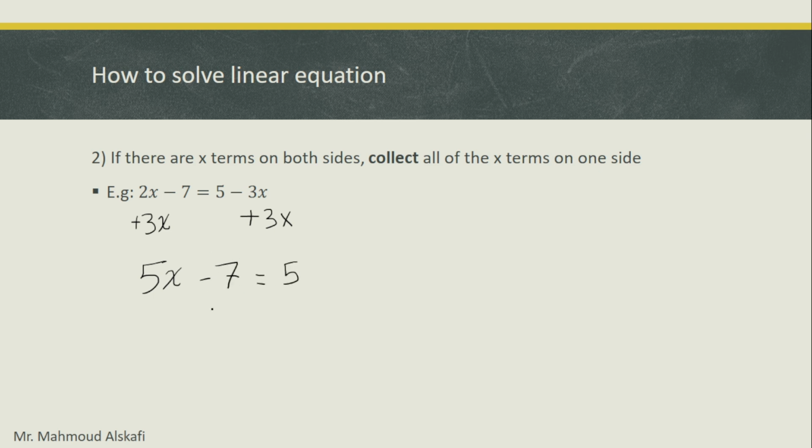Now to solve this, plus 7 on both sides, 5x equals 12. So x equals 12 over 5, which equals 2.4.